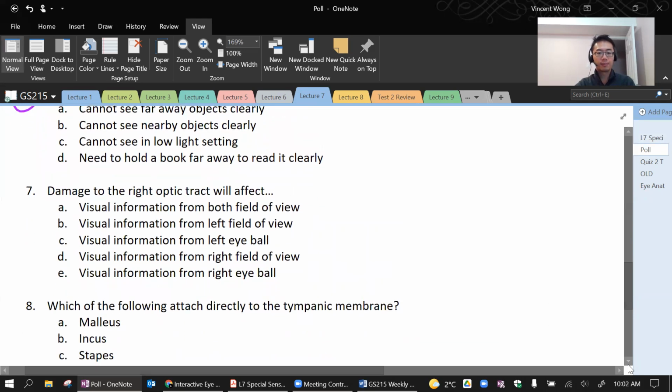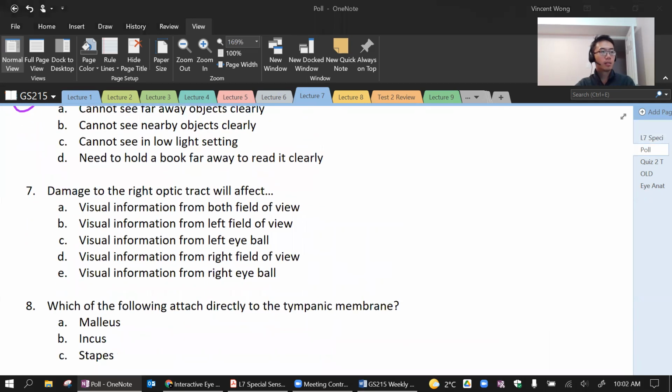Number 7. Please try this. Try to do it without looking at the diagram, would be nice.